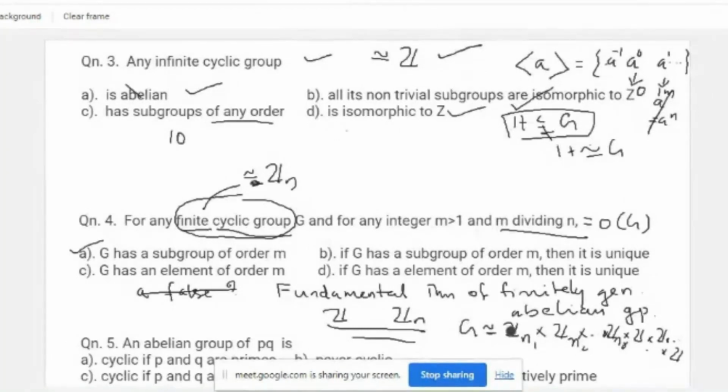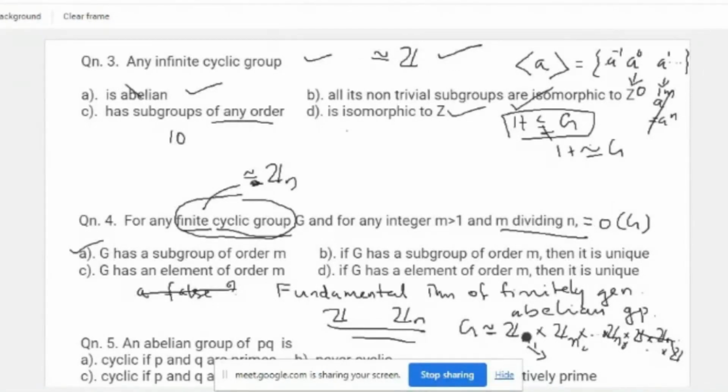Okay, this is the fundamental theorem. And this will ensure, if your group is finite, I told you there is no copy of Z, so you will get some Zn1 into Zn2 into etc. Znr. You can find subgroups of any order dividing n1 in the first copy, a subgroup of order any divisor of n2 in the second group, and so on. So any divisor of the order of the group has a product like this.